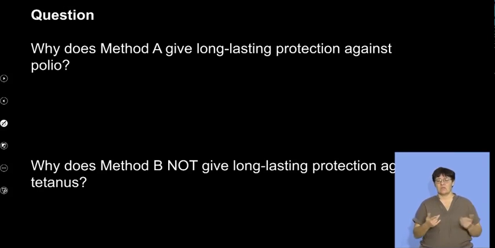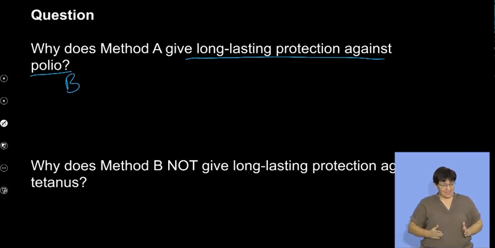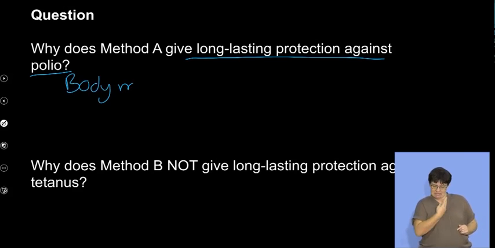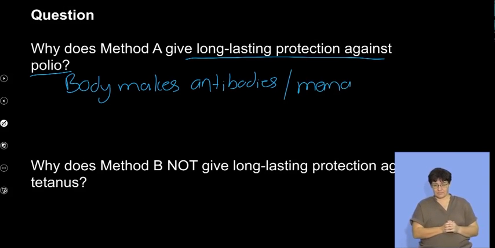Why does method A give long-lasting protection against polio? Guys, it's because our body makes the antibodies and we keep them in the memory. We don't destroy them.